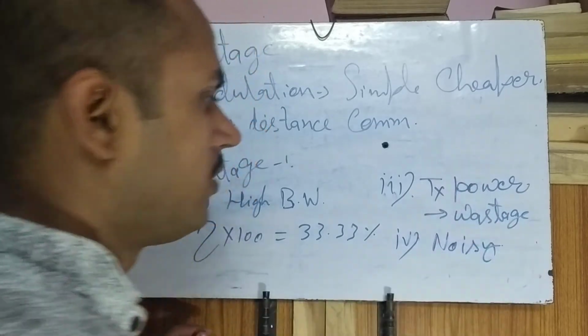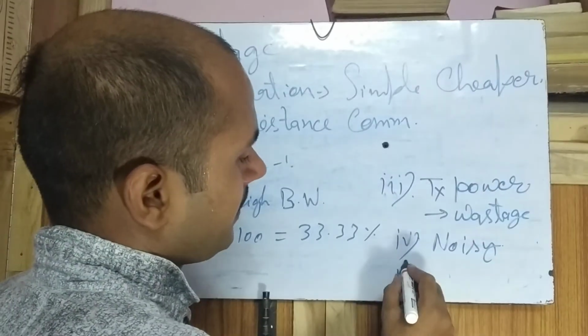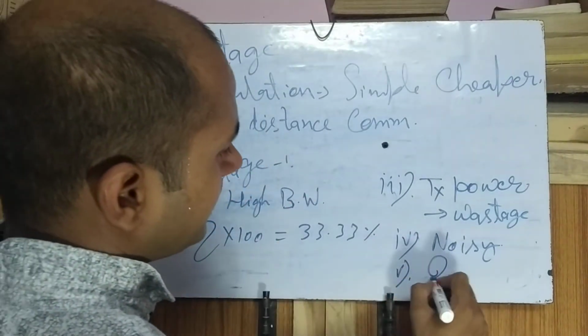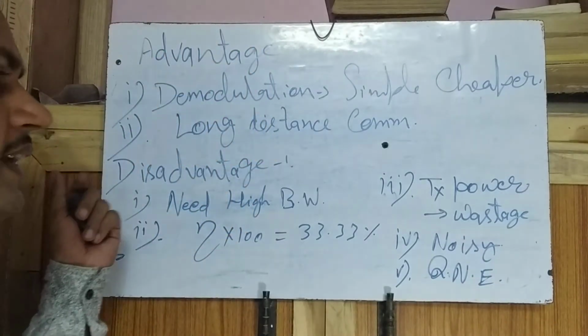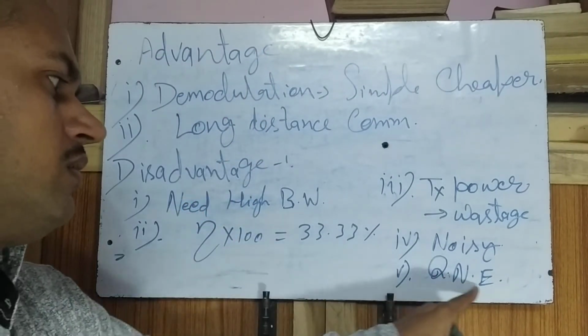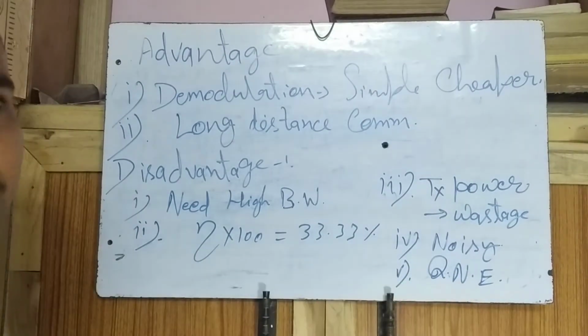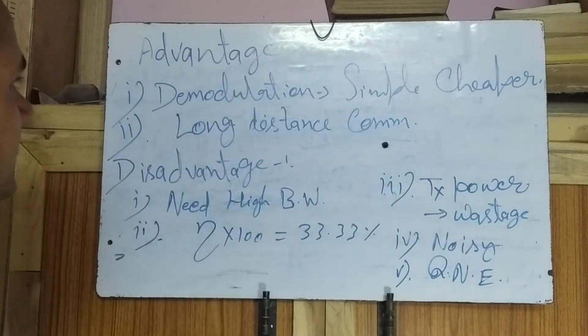It has more noise through the channel. Next, QNE, quadrature null effect. Whether we are sending a message, at the output, meaning at the receiver end, we are not getting the message. That is QNE. So that was the advantages and disadvantages.